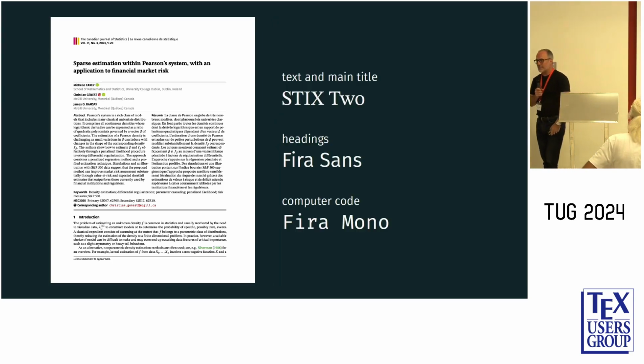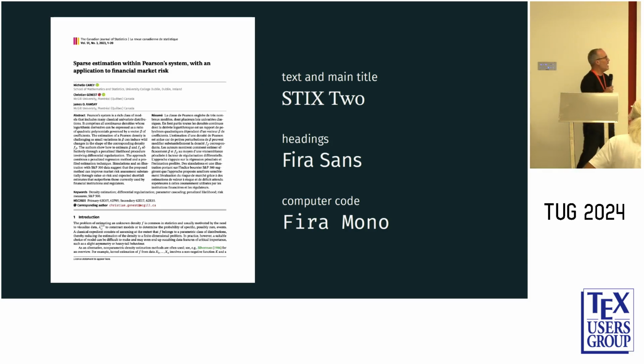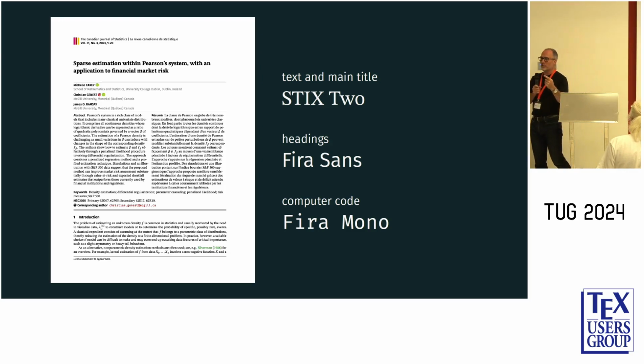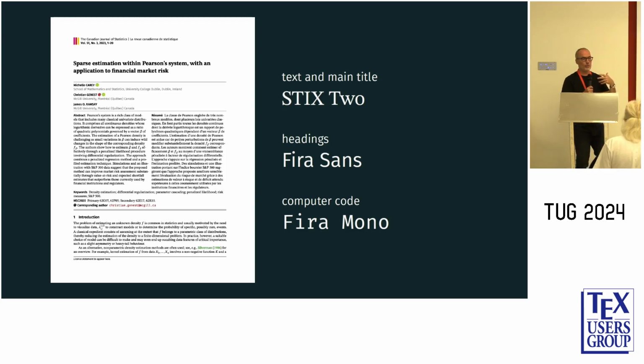So for the main font for text, I used STIX2, which is a fairly recent font, and that I personally find really gorgeous. The first version of STIX was essentially a copy of Times Roman, which didn't make it that interesting in my view.